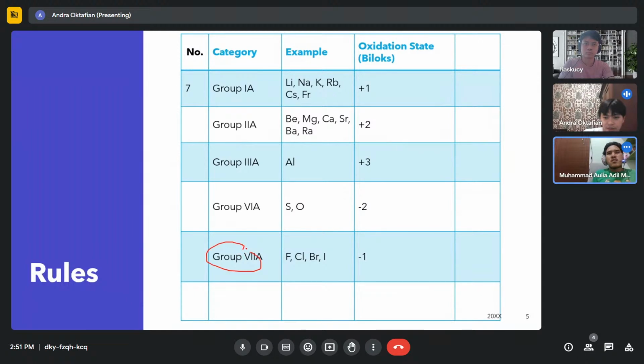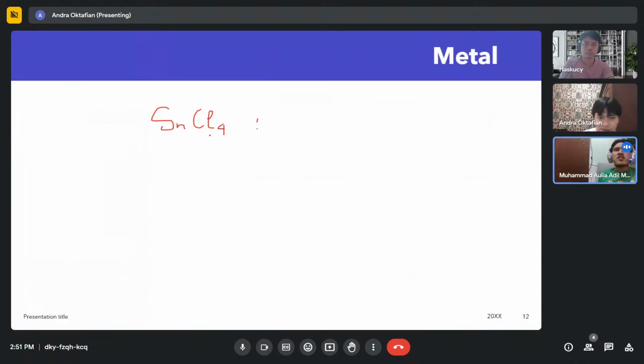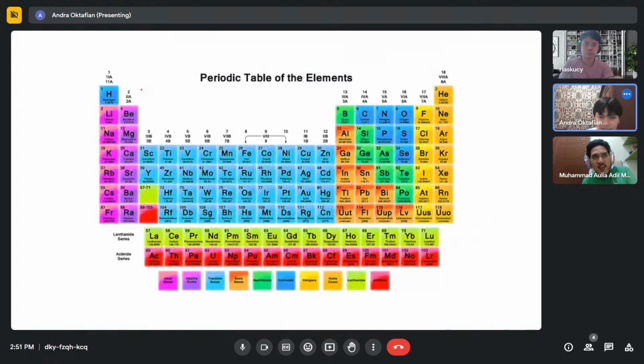Yes. Sn is the metal that we are looking for. No, I mean the name. Sn means tin.